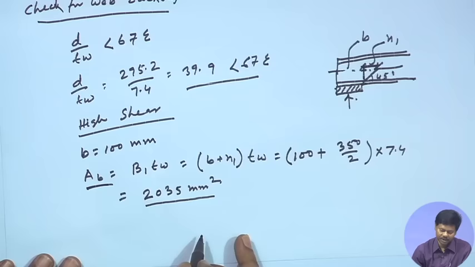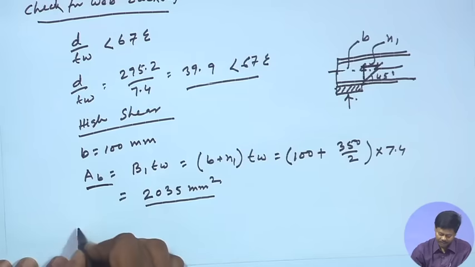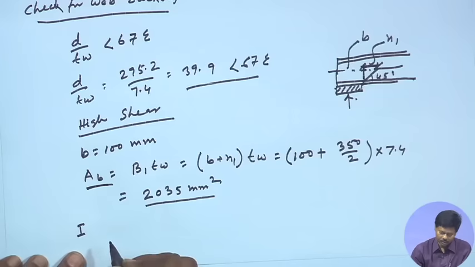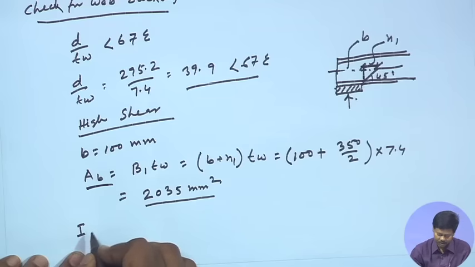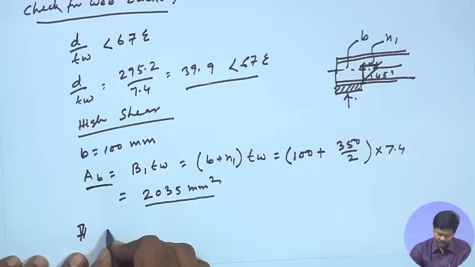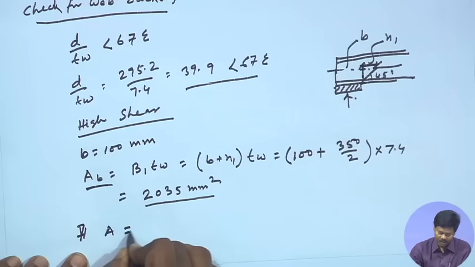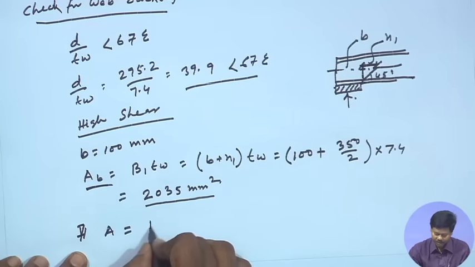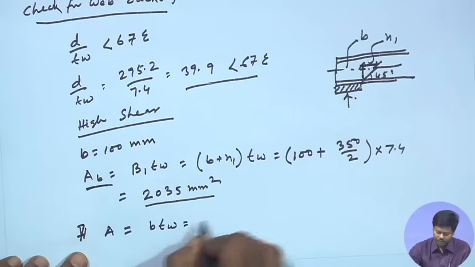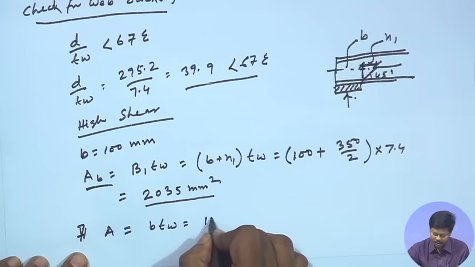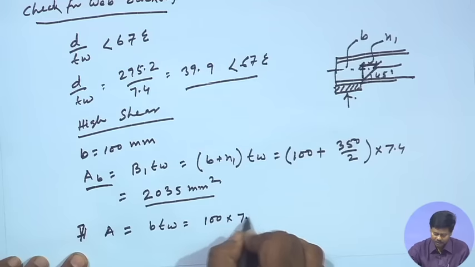Now, the moment of inertia of the effective web we have to find out. Because of the bearing, that influence area we have to find out, and accordingly we can find out the I. Before that, let us find out A, the area of the web. The area of the web will be simply b into tw. So, b will be 100 into tw is 7.4.